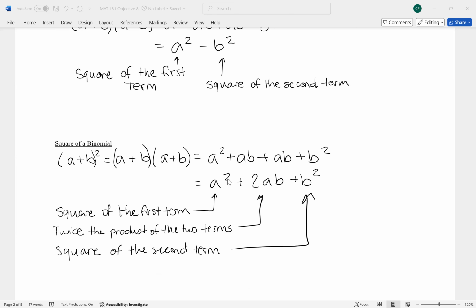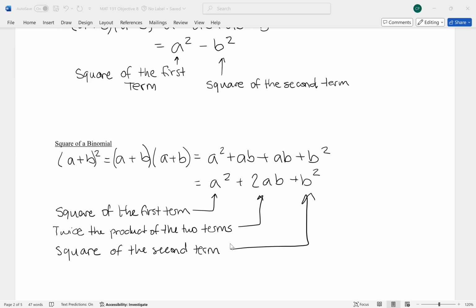If we FOIL that out, we will get a squared plus ab plus ab plus b squared. And when we combine those like terms in the middle, we'll have a squared plus 2ab plus b squared. And so as a shortcut, we can just square the first term, do twice the product of the two terms, and then square the second term, okay?